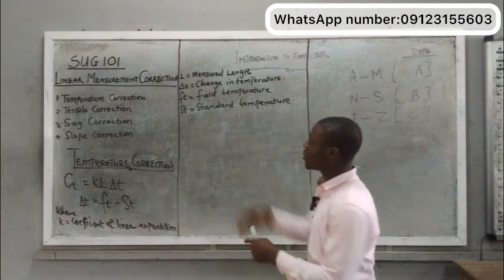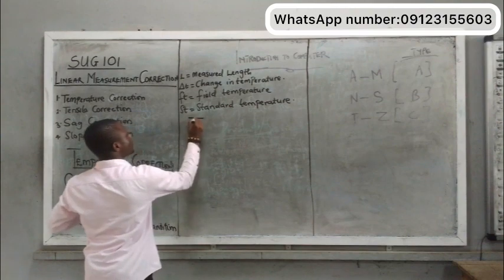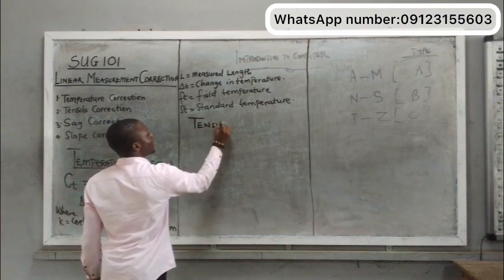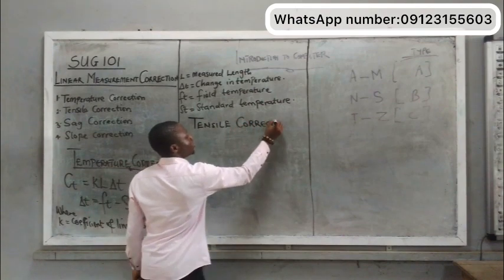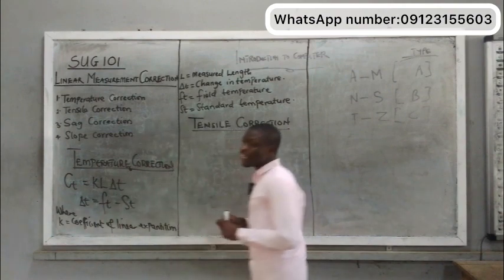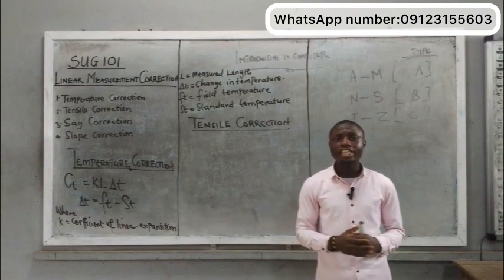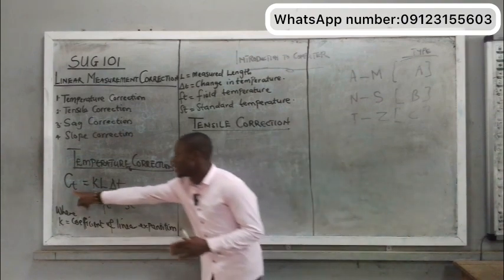Alright, let's discuss tensile correction. For tensile correction, note that it is represented by CT with a capital T, not small t.